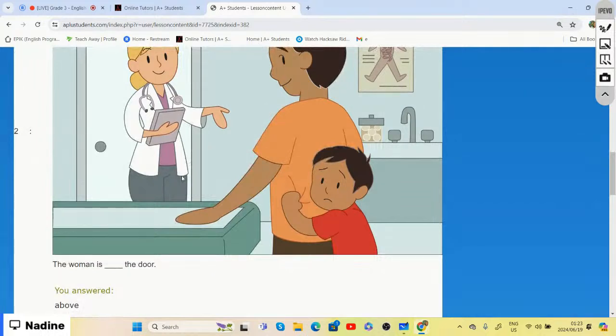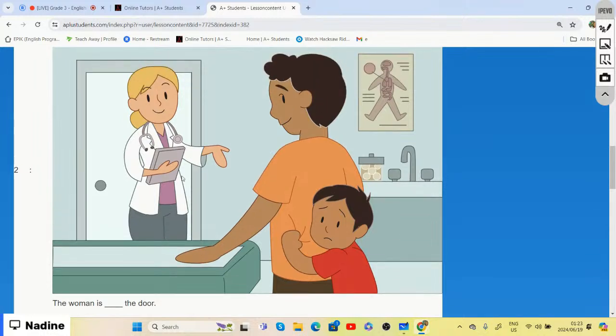Where is this woman standing when it comes to the door? Is the lady standing above the door?